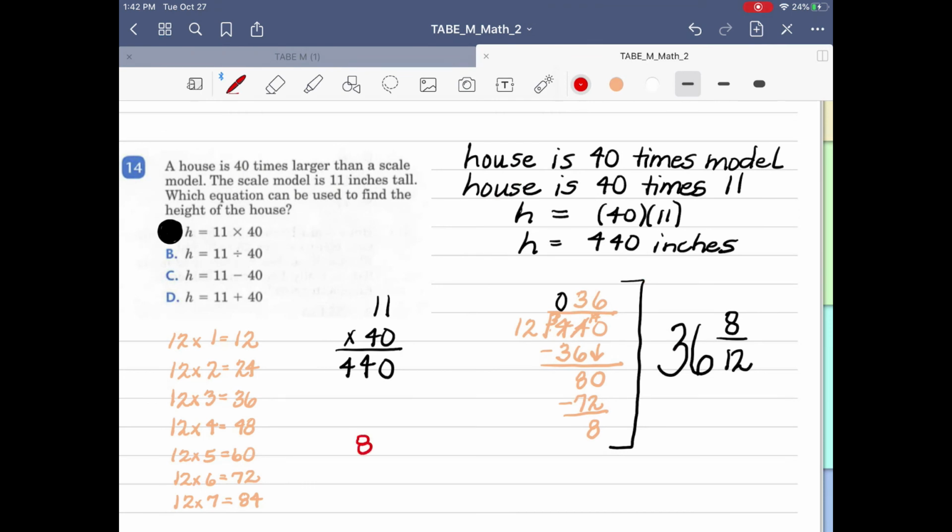It's not lowest terms. So let's divide it by 4. And we get 4 into 8 is 2. 4 into 12 is 3. So the final answer would be 36 2/3 feet tall. And that makes sense for a house. It's 440 inches or 36 2/3 feet tall.